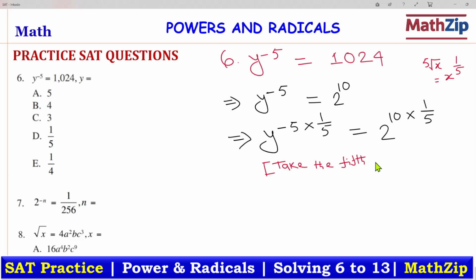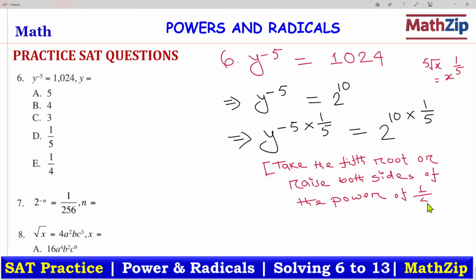So take the fifth root, or raise both sides to the power of 1 divided by 5. It means both sides we are raising to 1 by 5. Now look, this 5 and this 5 cancel out, and 10 divided by 5 is 2, right?